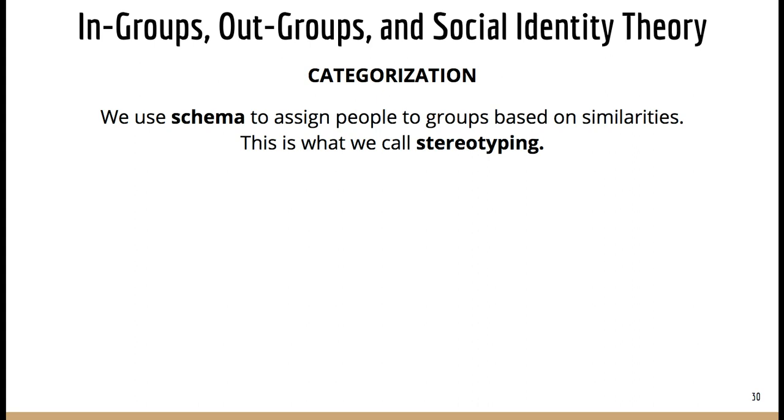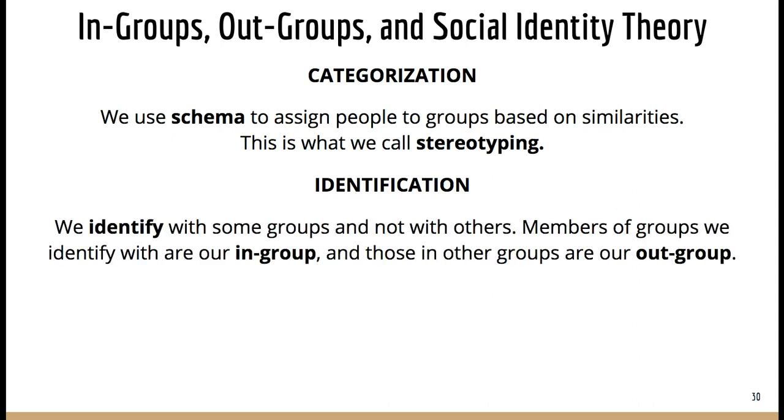Once we have categorized people, we then move on to identifying ourselves with some of these different groups. Okay? Obviously, we're going to identify with some groups and not with others. And the people that we identify with, we call the in group. Those people that we don't identify with can be called our out groups.